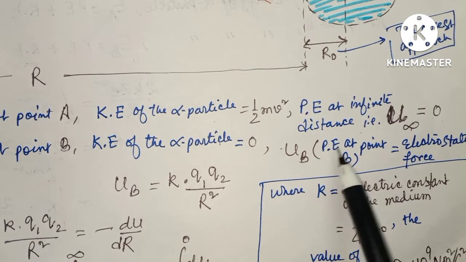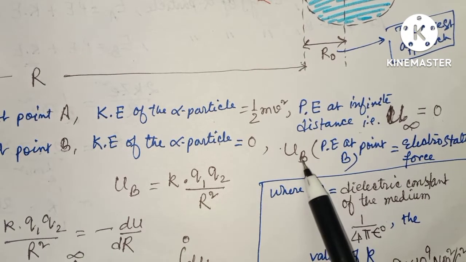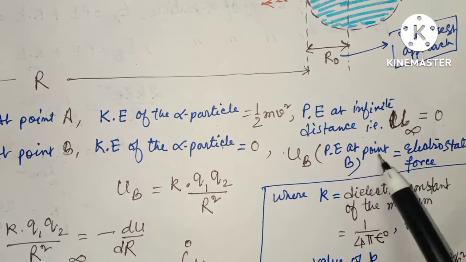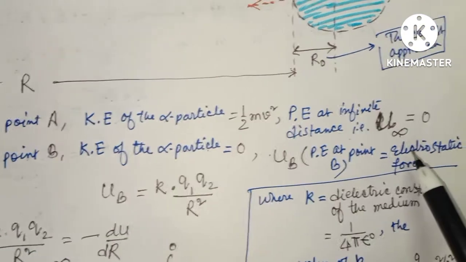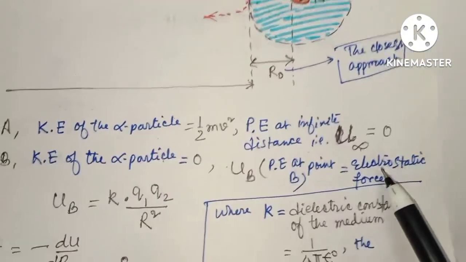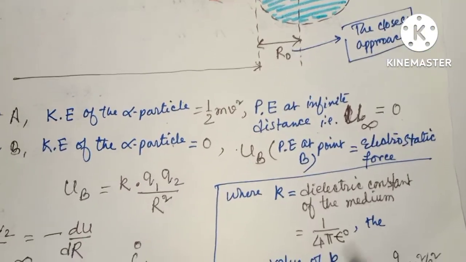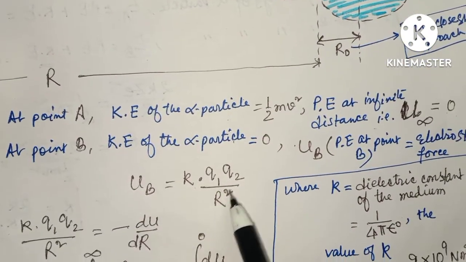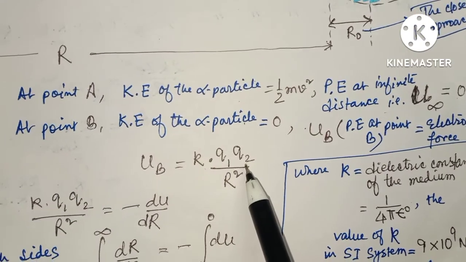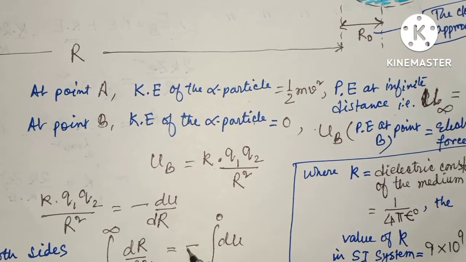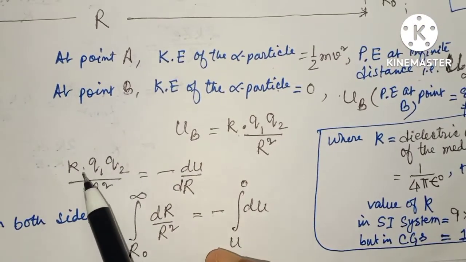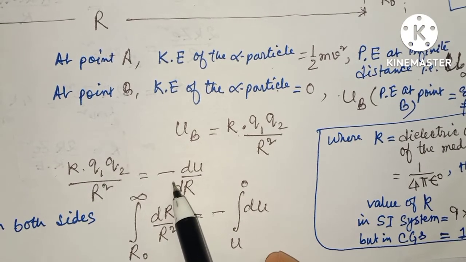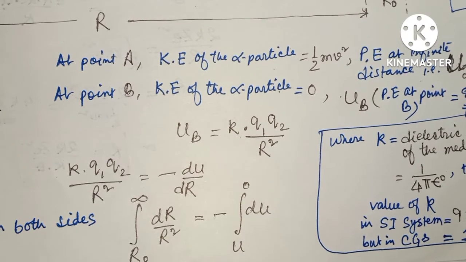So the potential energy at point B, that is U of B, is equal to the electrostatic force. So we may write kappa into Q1 into Q2 by r square, which would be equal to minus dU by dr.